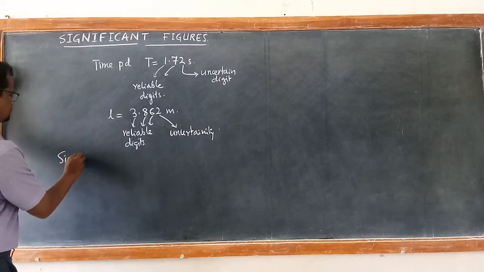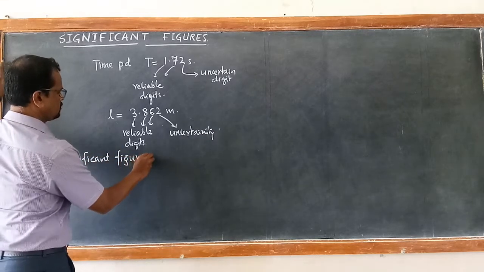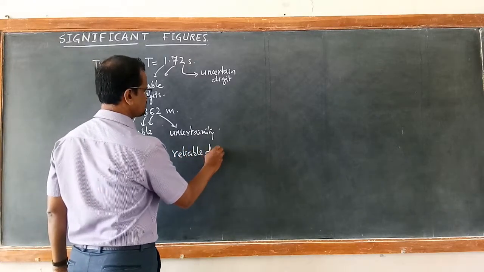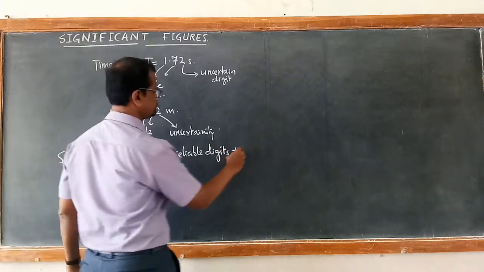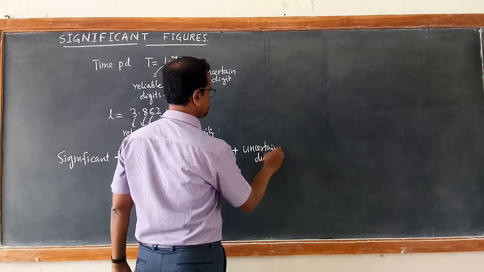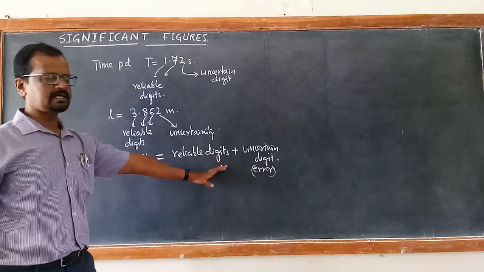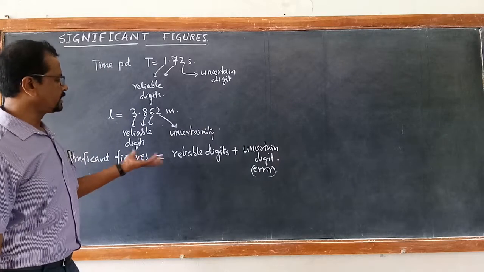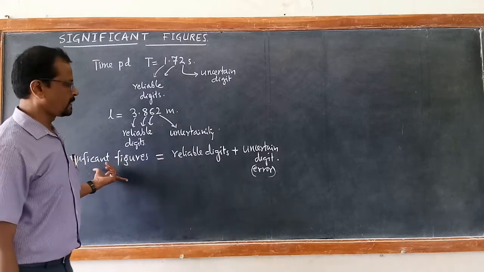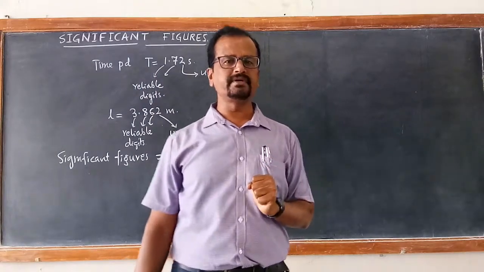So significant figures have a number of reliable digits plus an uncertain digit, that has error. The combination of reliable digits and the uncertain digit in the result of a particular experiment gives us significant figures. It is very important to know about significant figures.